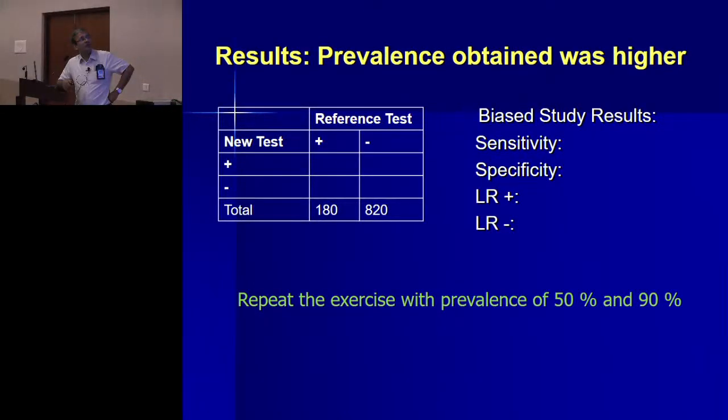Okay, now suppose, why don't you repeat the exercise with a prevalence of 50% and 90%. Now what do you get?